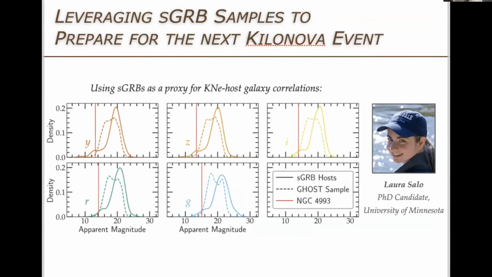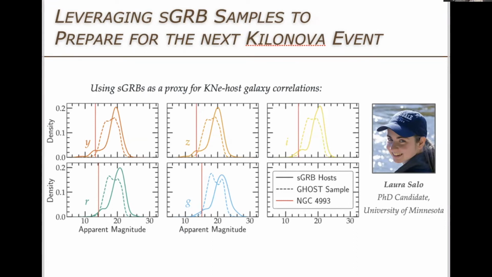One of the primary science drivers for almost all of the upcoming time domain missions is to discover and study the second Kilonova event. These transients are extremely red because of the abundance of heavy elements and extremely rapidly evolving, so they're easy to miss. Host galaxy information can aid in rapid classification, but having only discovered one event to date, we don't really have a thorough understanding of the environments in which kilonovae occur.